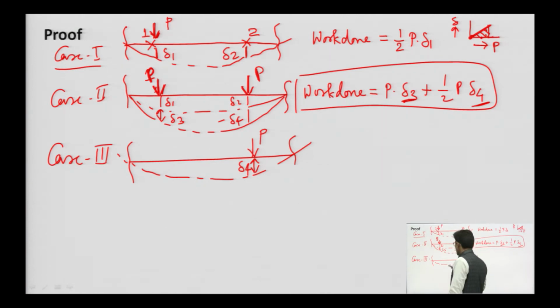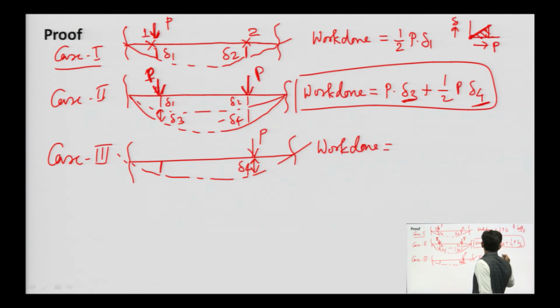So, del 4 will be here, and here what will be the ordinate, due to this force P? Let us write first half of work done. So, work done will be equal to half P into del 4.